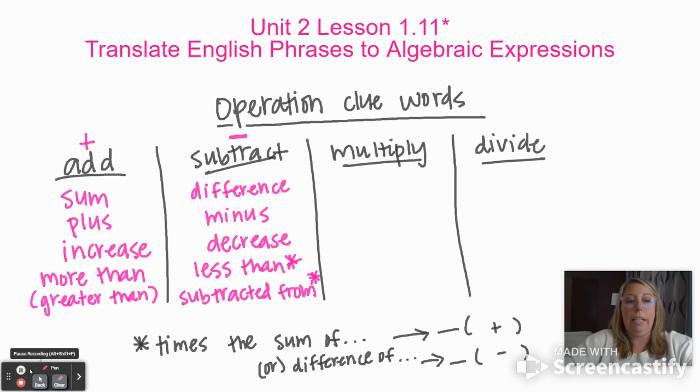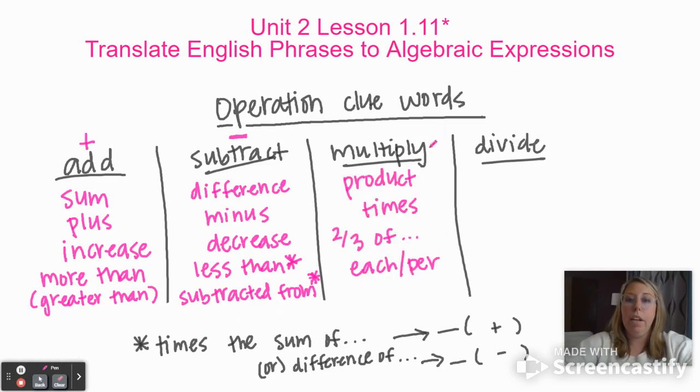Words for multiplying. All right, some main ones for multiplication. Product is the answer to a multiplication problem, so you'll see that one a lot. Anytime we see the little x or the little dot, those are your multiplication symbols. We read that as times. I'll skip over that one right there for just a second and talk about each and per.